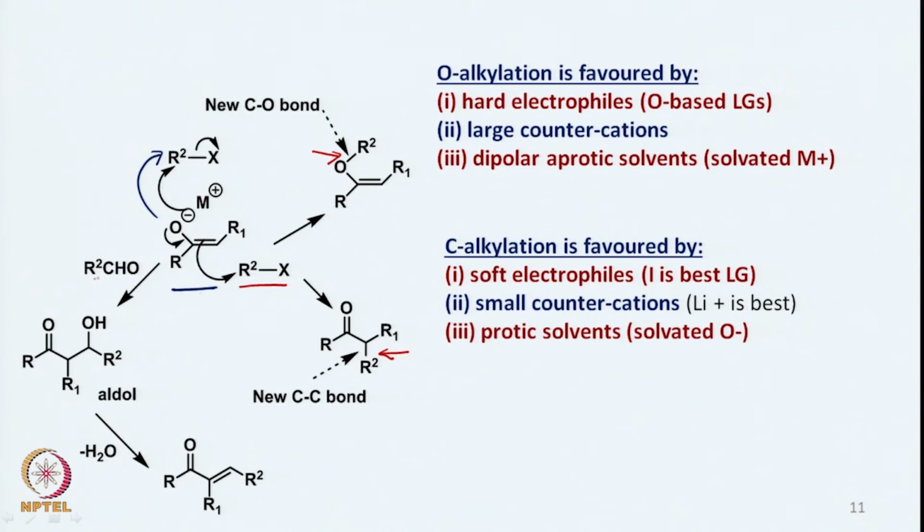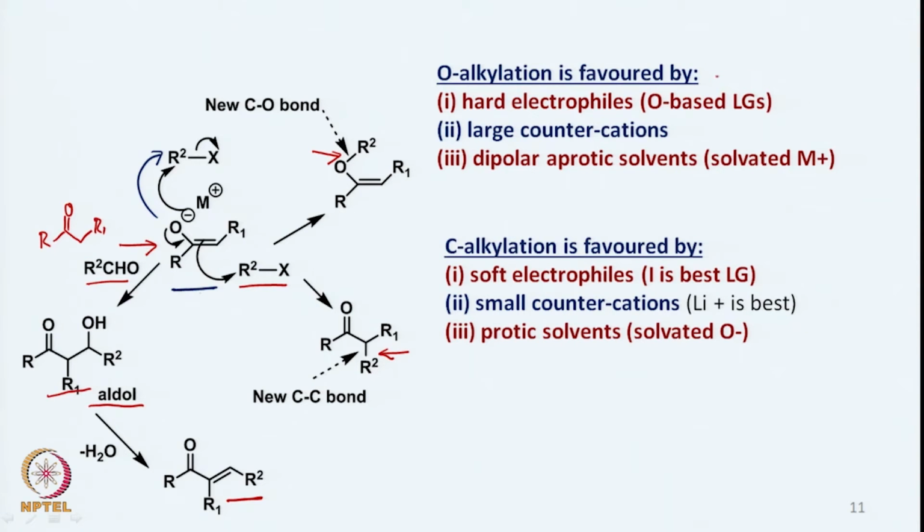Now we can also use an aldehyde to form an aldol of this type, which can of course lead to the alpha beta unsaturated ketone. So these are the things which can be done by the enolate formed from the corresponding ketone. So we have a ketone which can lead to the formation of this enolate, and that can allow O or C alkylation, and also this kind of alpha beta unsaturated ketone via the aldol.